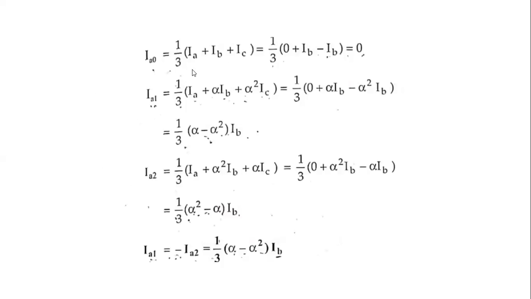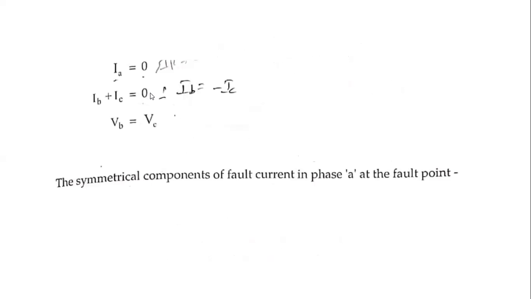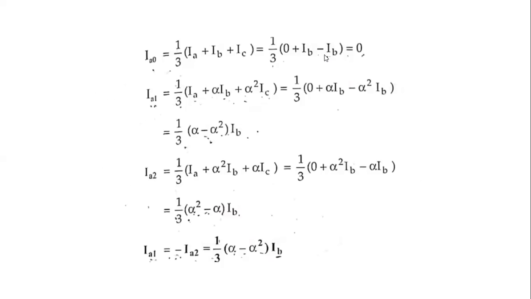IA is equal to 0, so we substitute IA equal to 0. And IB is equal to minus IC, that is IC is equal to minus IB. Then that will be equal to 0.